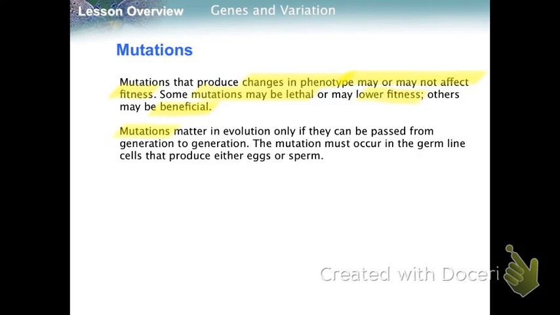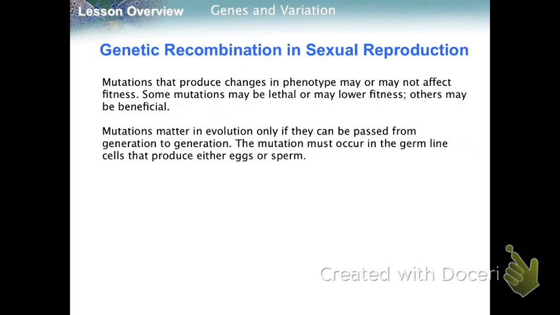It's really important to make sure you understand, and we talked about this the other day with Lamarck, mutations have to occur in the germ line, so where gametes are being produced, in order for them to be passed on. So the only way they matter in evolution is if they're passed from generation to generation, which means the only mutations that are relevant when we talk about evolution are the mutations in the germ line, in the gametes.